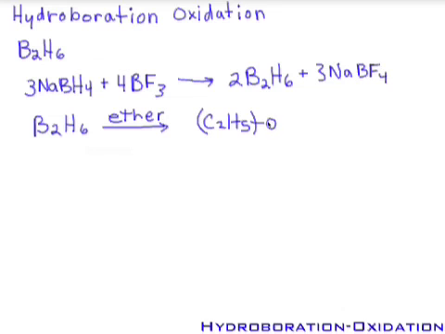You can get a lone pair interacting and solvating a BH3, and of course, there are 2 of these. So ether solvates it and you get BH3.